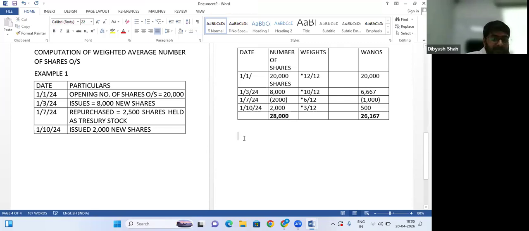But the number of shares that will be used for EPS calculation, that is weighted average, will be, and this is only relevant for EPS calculation. For no other place will this be relevant. Only relevant for EPS calculation, 26,167. Are we clear? Note it down, ma'am.